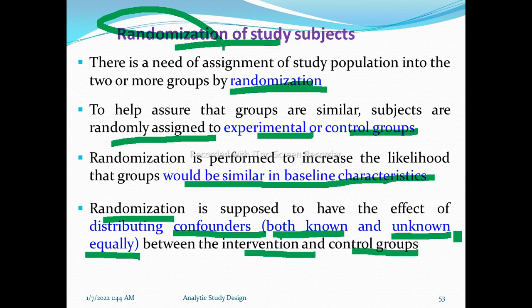So known and unknown confounders will be controlled in the case of randomization. This is an important aspect.